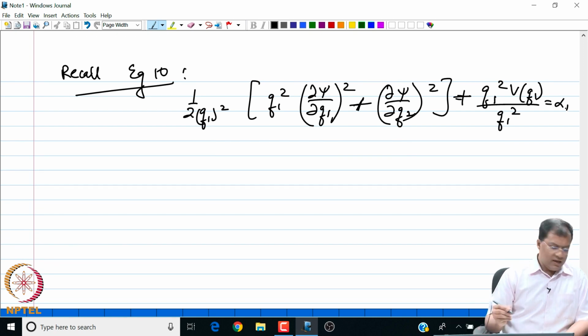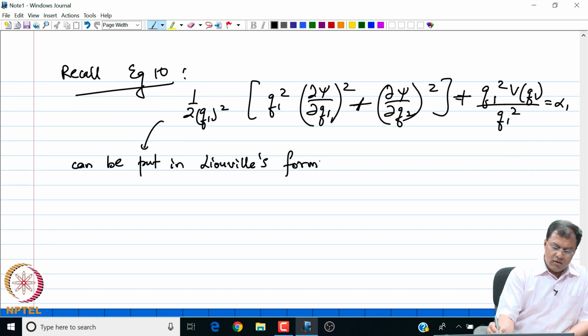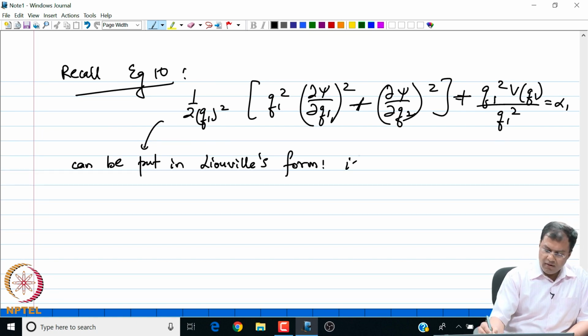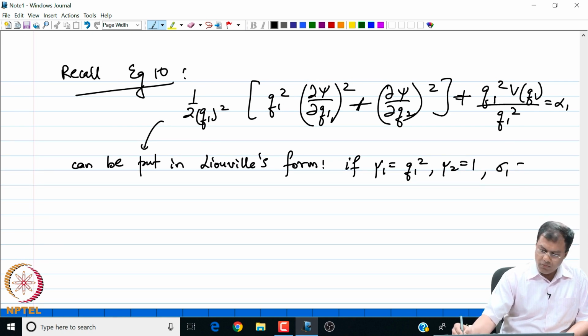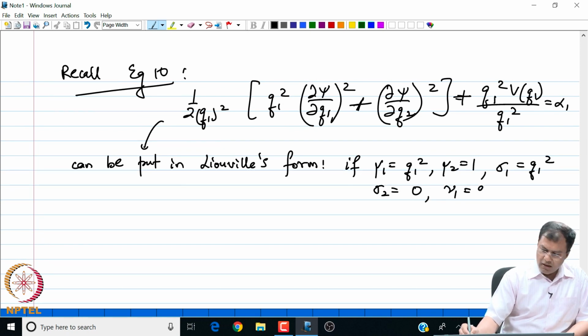This is equal to alpha 1, and that can be put in Liouville's form if I take my mu1 to be q1 square, mu2 to be 1, sigma 1 to be q1 square, sigma 2 to be 0, nu 1 to be q1 square V of q1, and nu 2 to be 0.